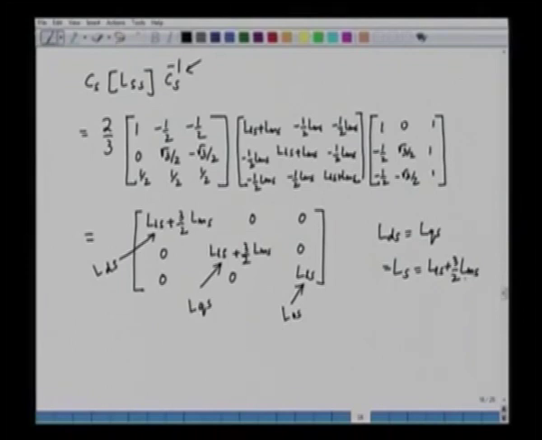Now, this 3 by 2 term comes from the fact that this is the equivalent of a 3-phase machine. LMS is the individual magnetizing inductance of the ABC machine. When you transform this ABC machine into a DQ machine, because of the coupling of the ABC phases, this coupling is reflected as 3 by 2 times LMS in the DQ machine.